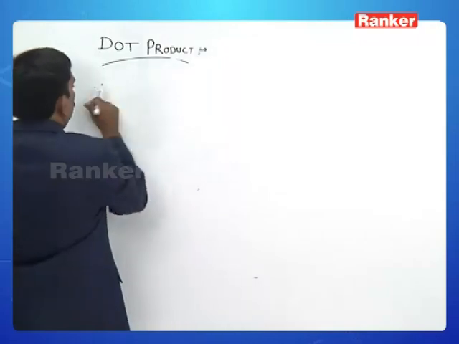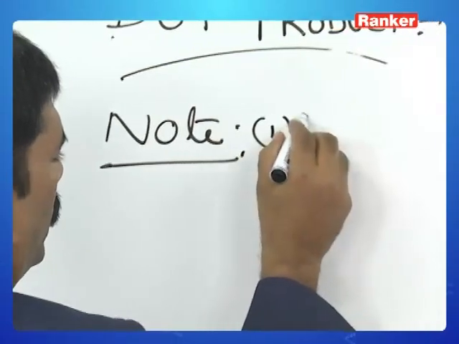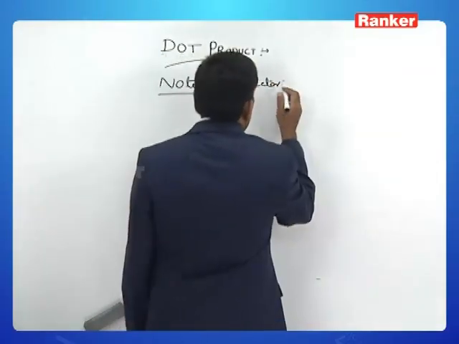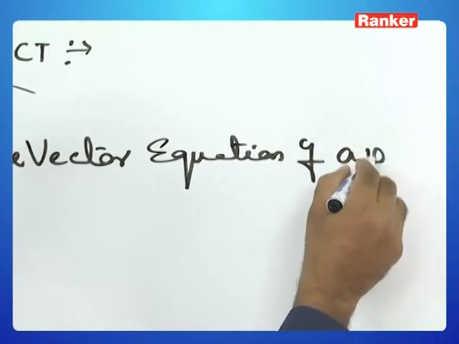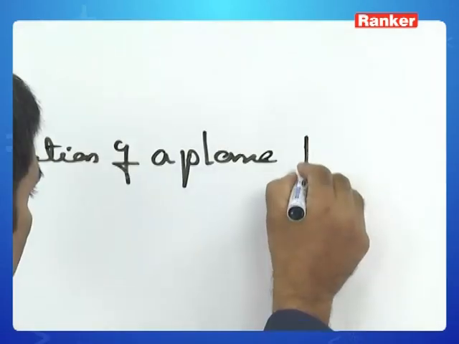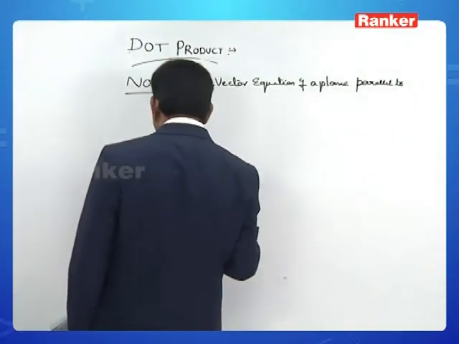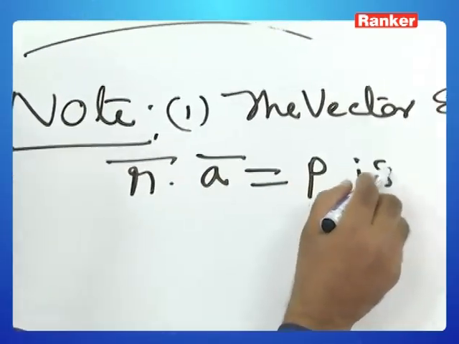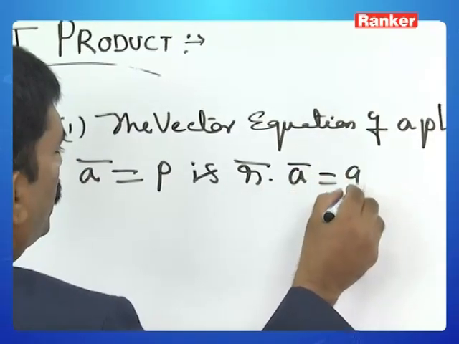Now look here. Note the vector equation of a plane parallel to r bar dot a bar is equal to p is r bar dot a bar is equal to q.